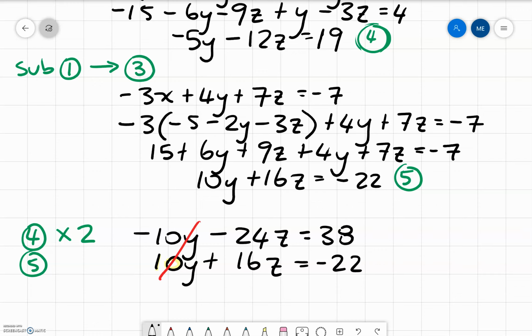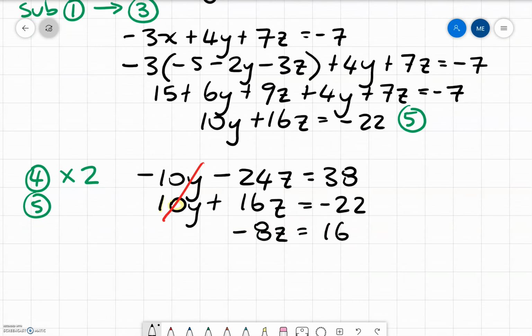Negative 24z plus 16z gives me negative 8z, and 38 minus 22 gives me 16. I'm going to divide both sides by negative 8, so z equals negative 2.